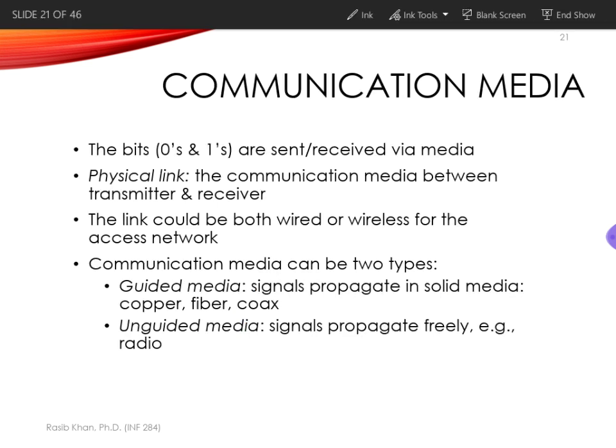So computer media or communication media works with binary bits, which are zeros and ones, and this is because we know that computers and computing devices only understand binary bits.